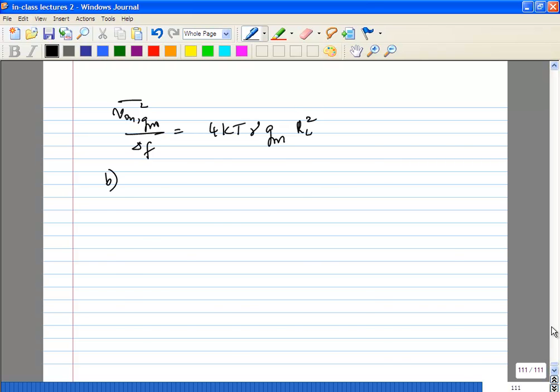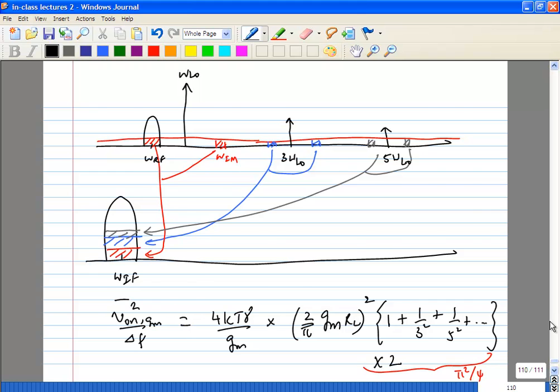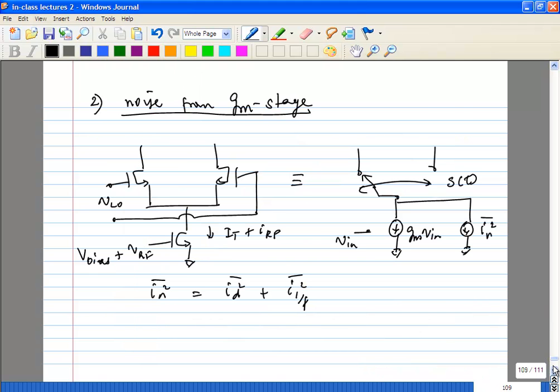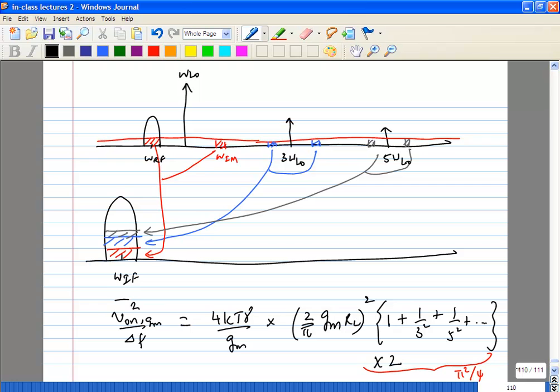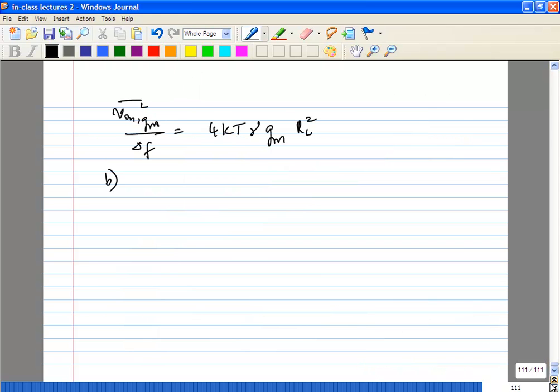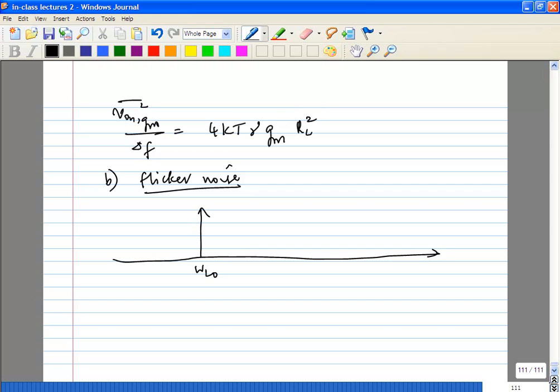We looked at thermal noise, right? Let's call this thermal noise. How about the flicker noise? So let's say omega LO again.